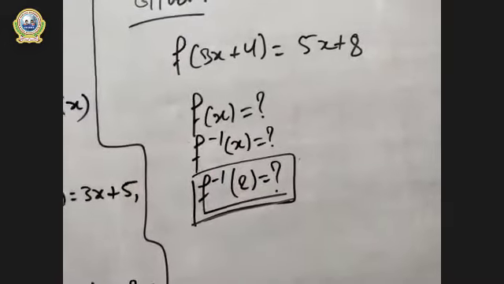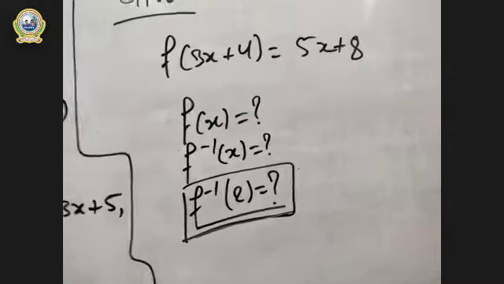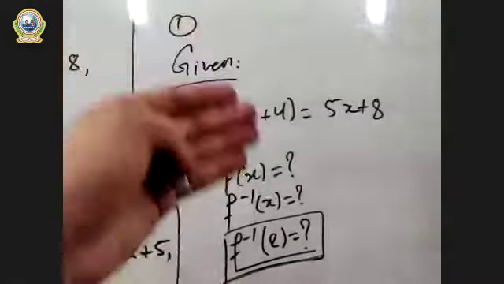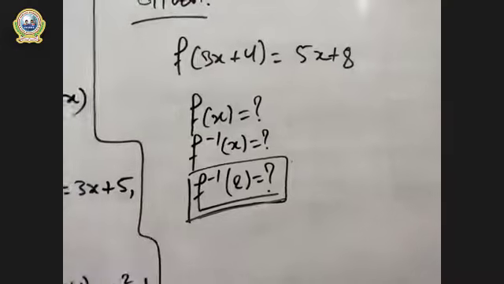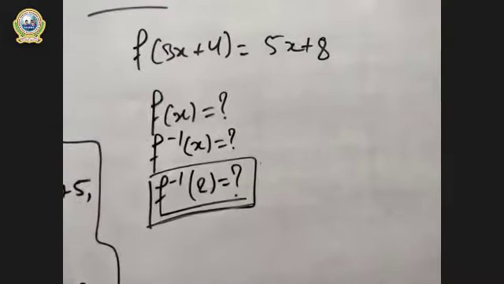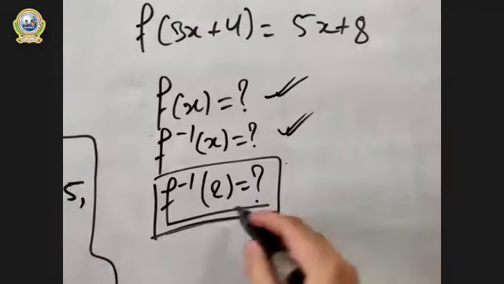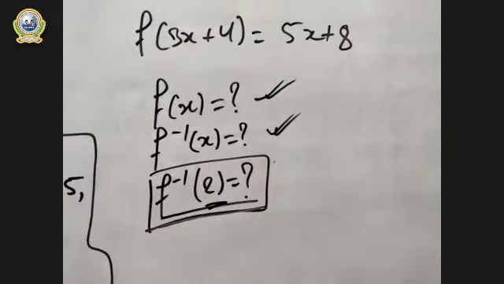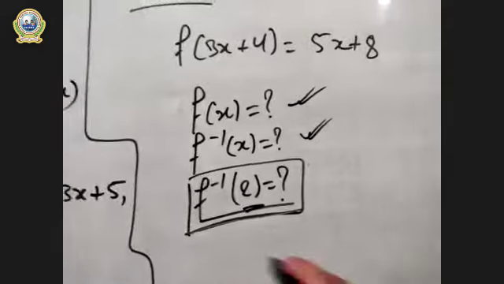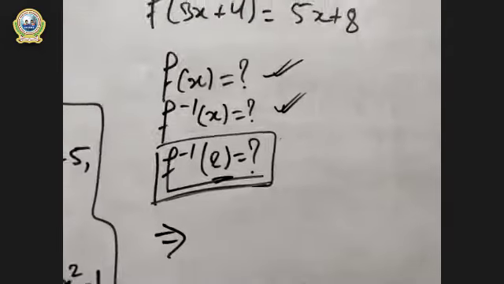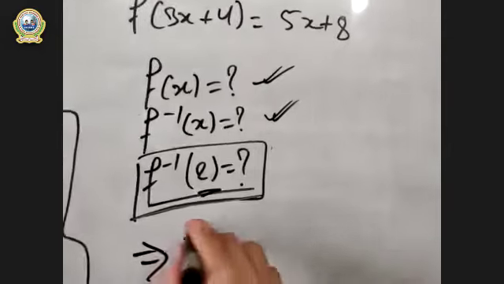This will be our complete process. It does not have a single step; it is about a 3-step question. So first we will calculate f(x), then we will calculate f inverse x, and then we will put 2 in the place of x. Is this clear? So write an arrow, and our first heading will be for f(x).